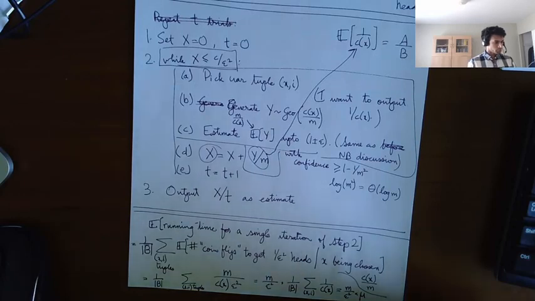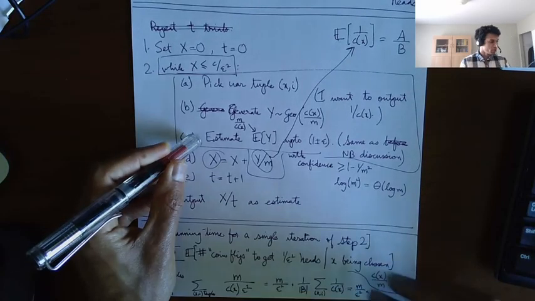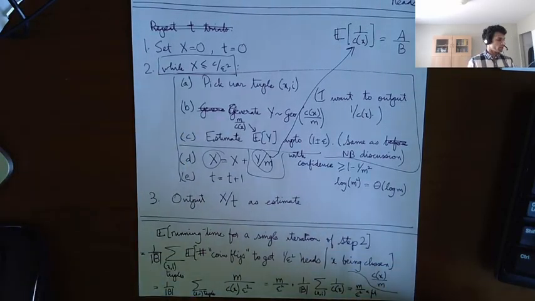To be clear, is that what you meant when you said that estimating the expectation wasn't the most efficient way to do this? I'm sorry, say that again. You made a comment while going through this earlier that estimating the expectation of y wasn't the most efficient way to do this. Yeah, because you lose a 1 over epsilon squared factor because of that.